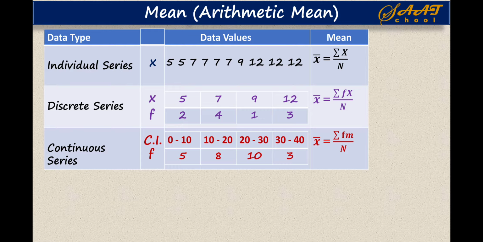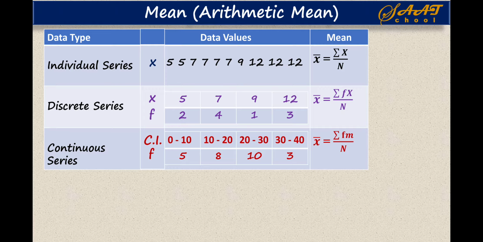Now we have different ways to calculate mean. The mean for individual series is calculated by the sum of given data values divided by the number of data values. In discrete series, we multiply f and x and then find its sum, and we divide by the number of items.